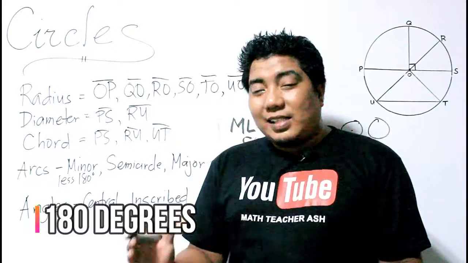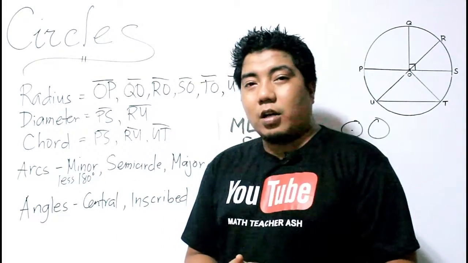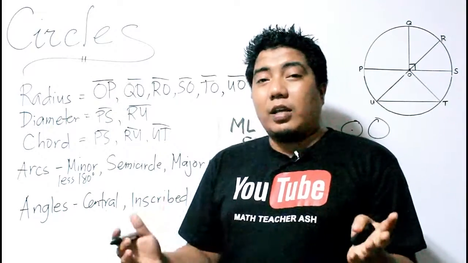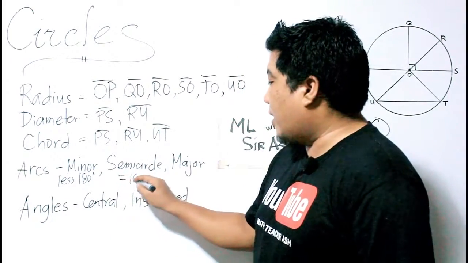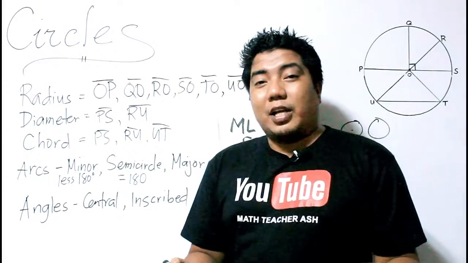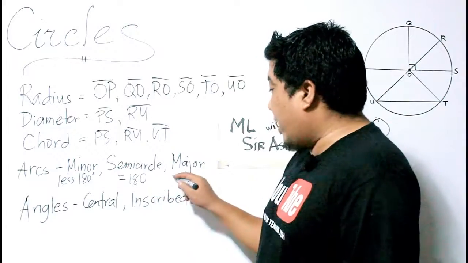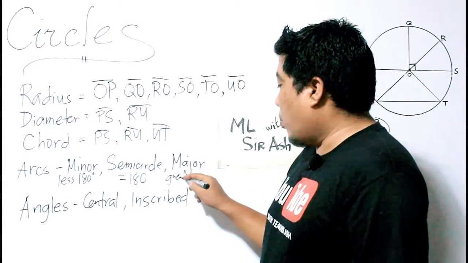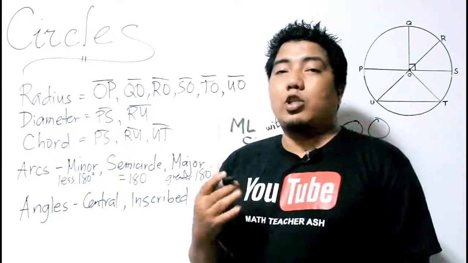If the arc is less than 180, that is a minor arc. If the arc is exactly equal to 180, then that is what we call the semicircle. And, of course, if it goes greater than 180, then that is what we call the major arc.